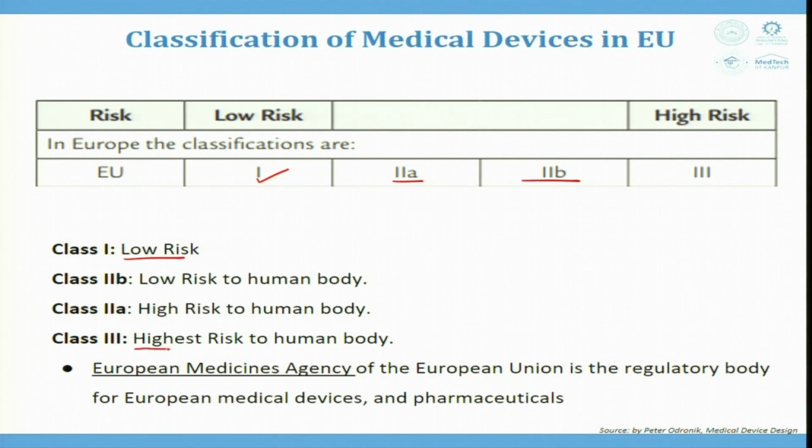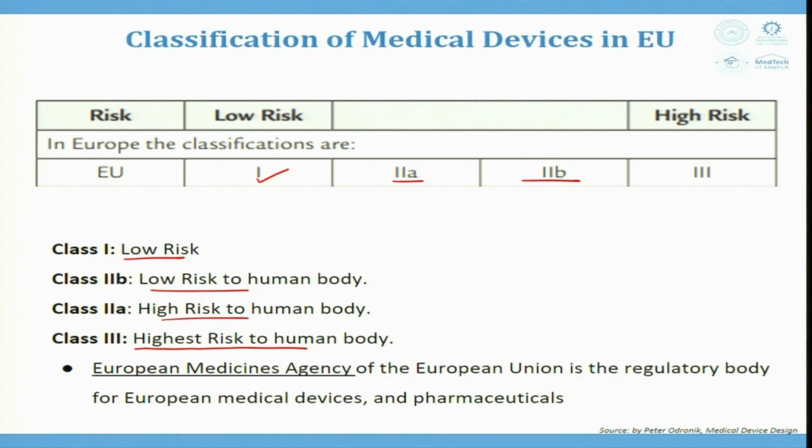The highest risk is given to the class 3 devices. In between we have low risk to human body and high risk to human body, that is a risk lesser than the very high risk, those are also given in class 2. Now, European Medicines Agency, that is EMA of European Union, is the regulatory body for European medical devices and pharmaceuticals.